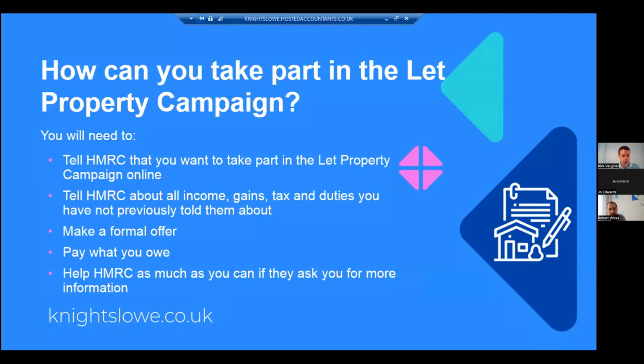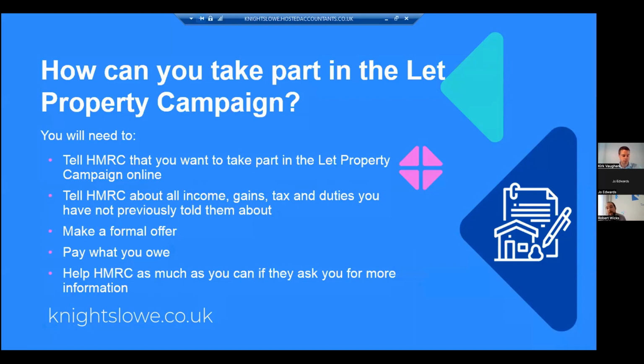Therefore, what do you need to do in order to take part? Well, it's an online process. So you have to inform the revenue online that you'd like to take part. And what they'll do is they'll give you a reference number in return. And then there's an online account that you can use to provide all of the relevant information that you need.